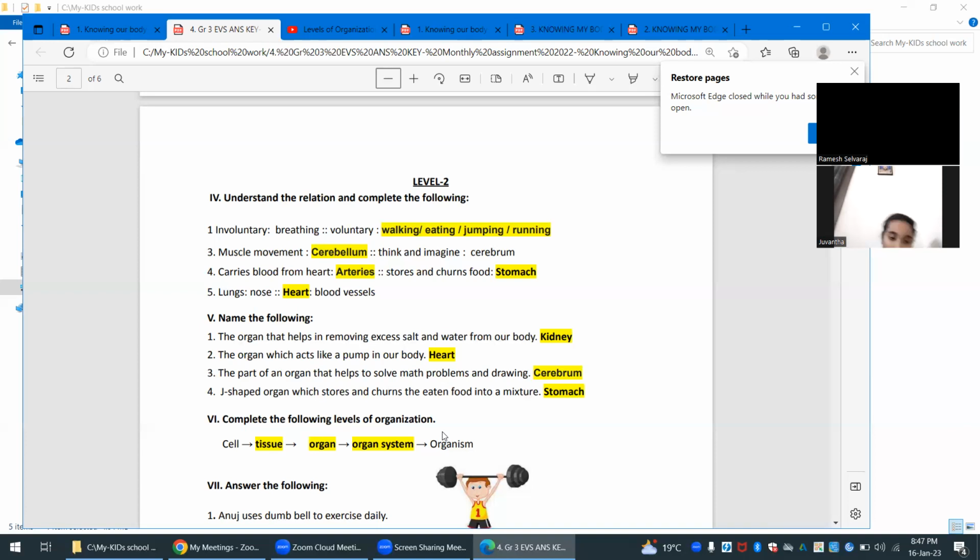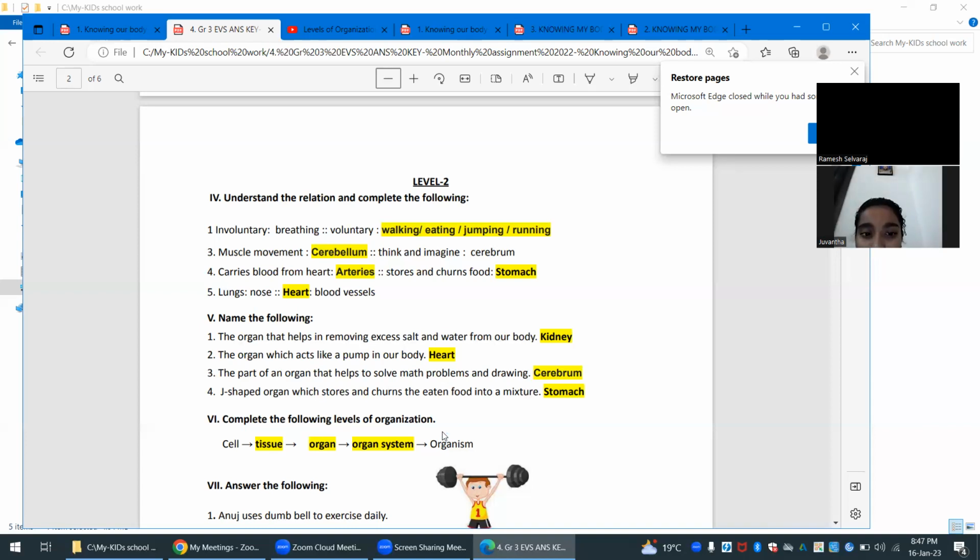Okay. Which part of the brain helps us to think and imagine something? Cerebrum. Which part helps us to solve some problem?